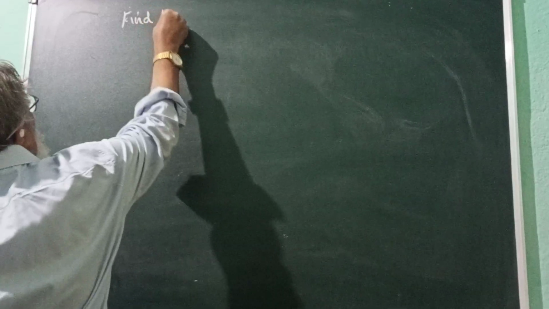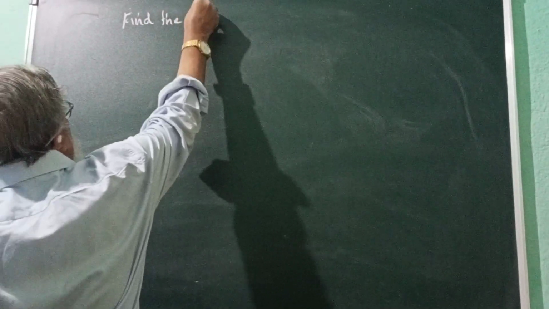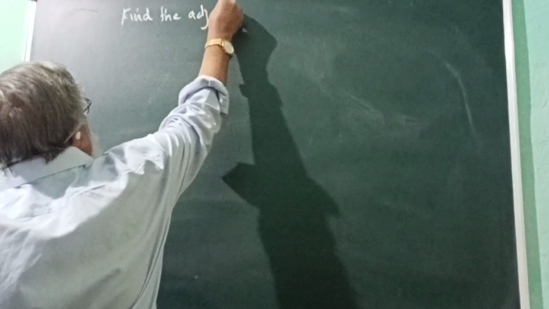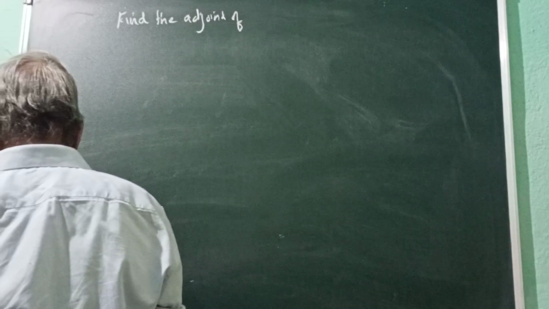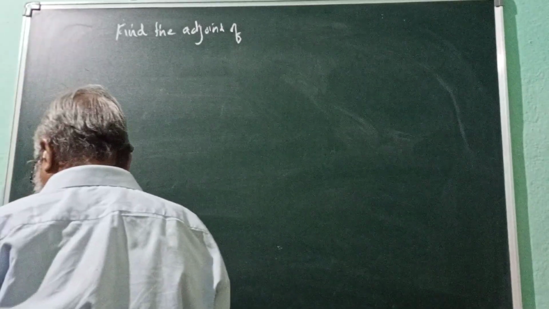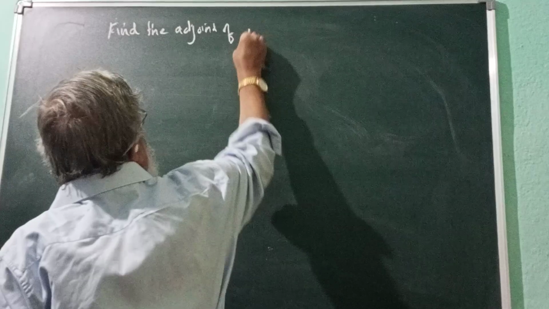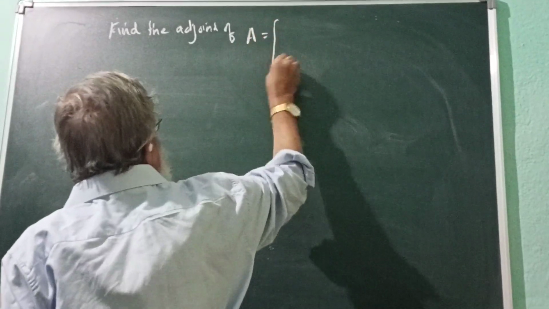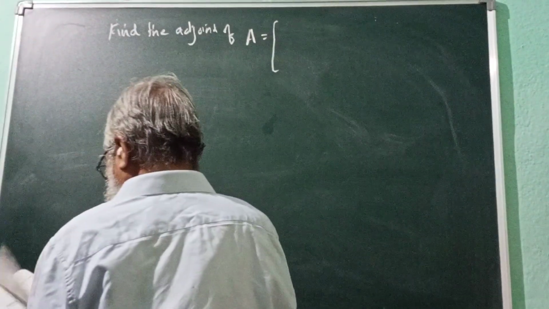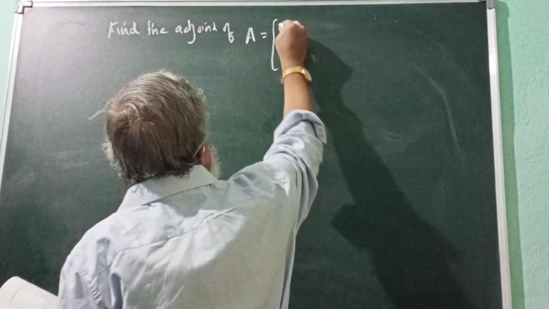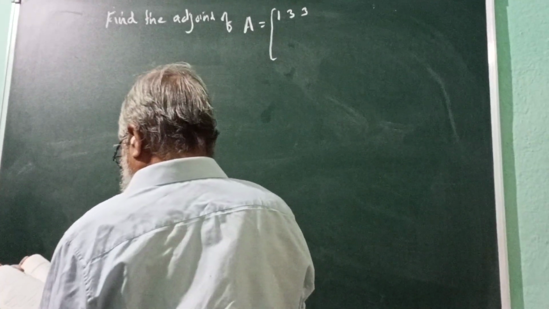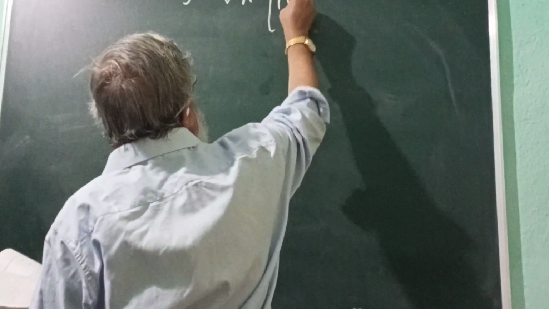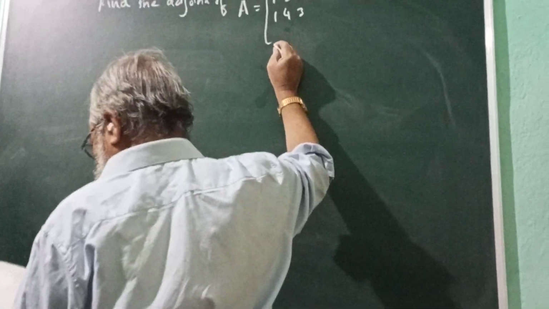Find the adjoint of A, where A is equal to the matrix with rows 1 3 3, 1 4 3, 1 3 4.